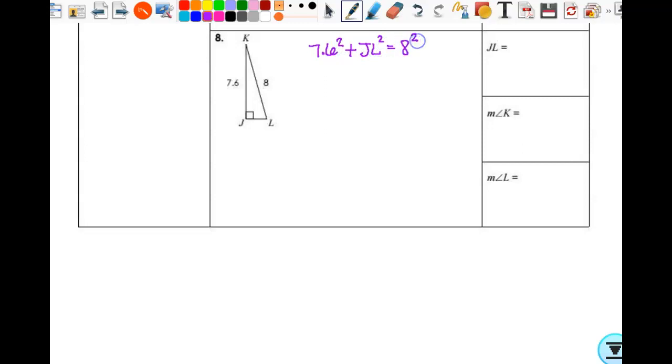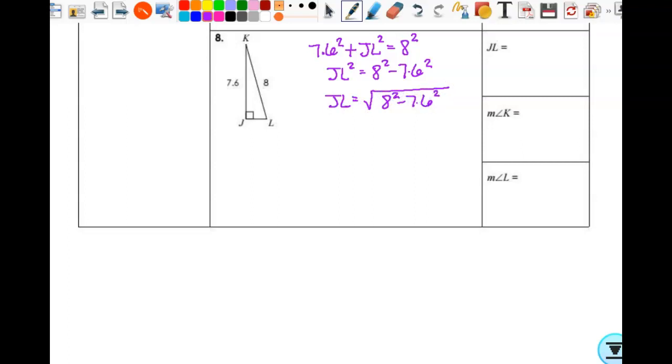So don't be typing anything in the calculator just yet, because we want to learn how to also work smarter and not harder with our calculator. I'm trying to get JL by itself. So JL squared is going to be 8 squared. I know what that is, but I don't care. I'm not writing it down because I don't want to mess it up. Minus 7.6 squared, which means really what I'm looking for, the length of JL, is the square root of 8 squared minus 7.6 squared.